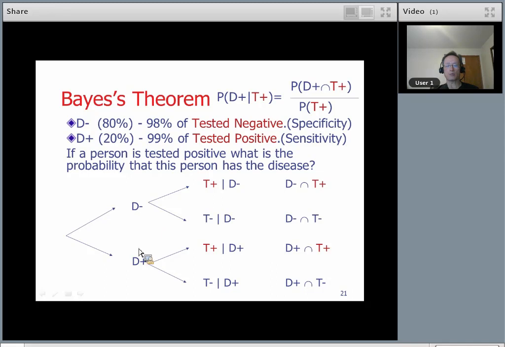Now we know the probability of having disease or not. That's actually 20 and 80%. We also know some of these conditional probabilities. So there is the so-called multiplication rule. If you look at this formula here, if you're interested in finding the probability of these two events together, it's the product of these two.